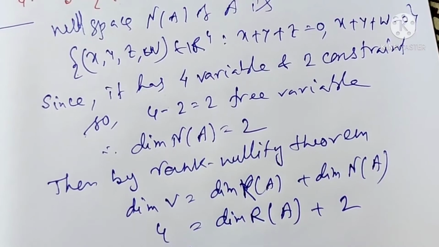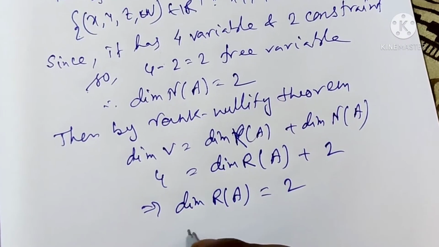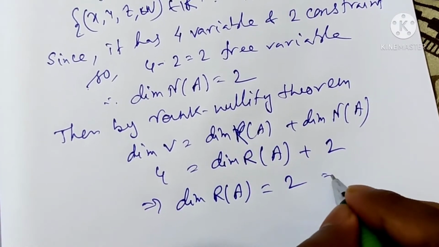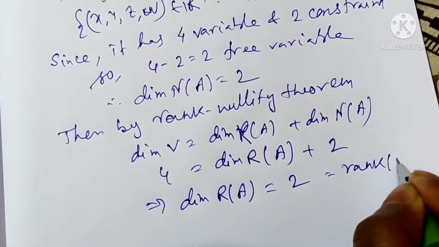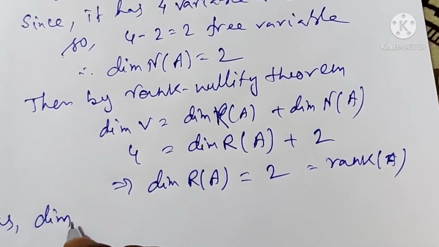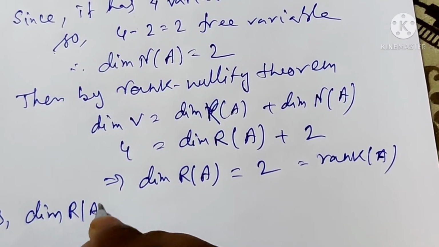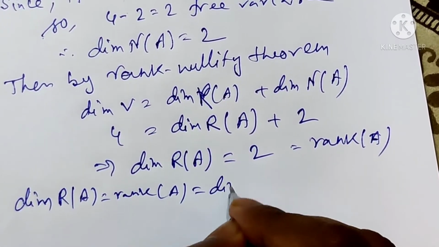That implies dimension of column space of A equals 2, and dimension of range space of A equals the rank of A. So rank of A is 2.